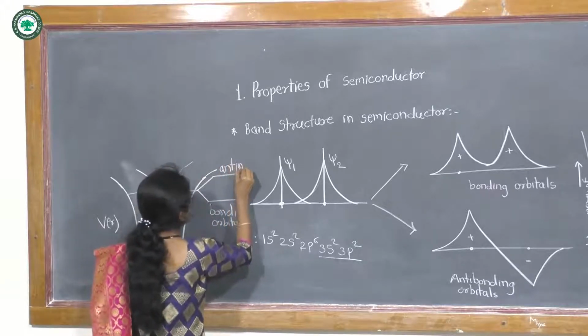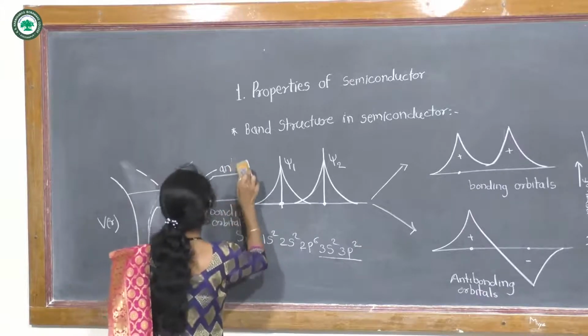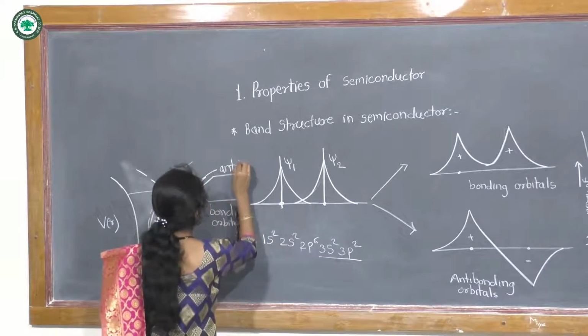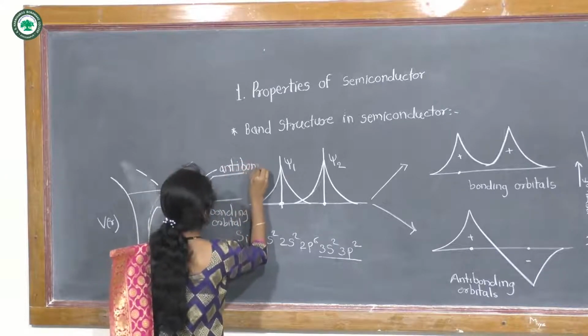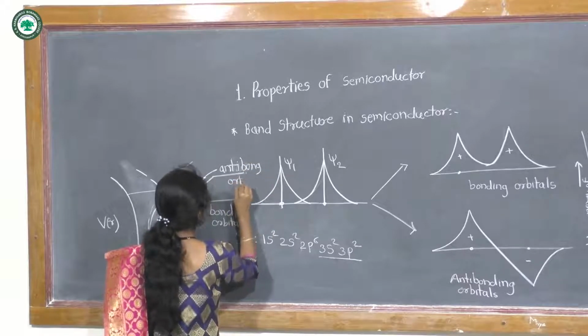So, in this Coulombic potential well, there are 2 possibilities.